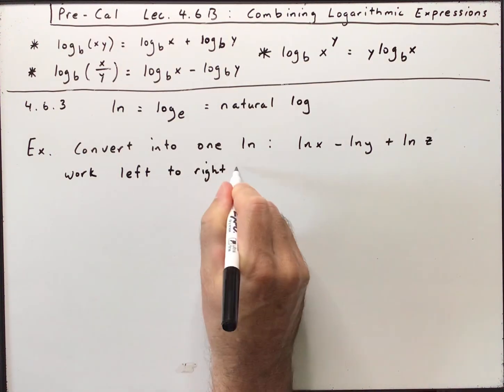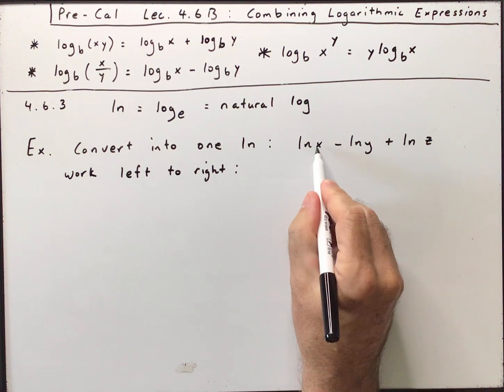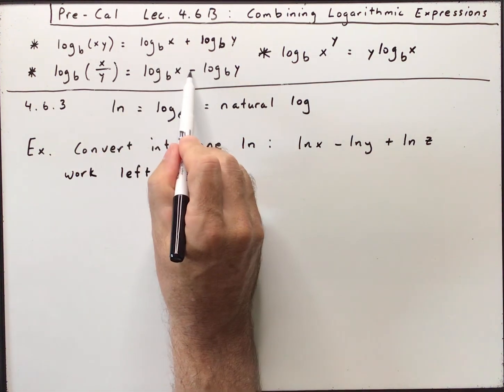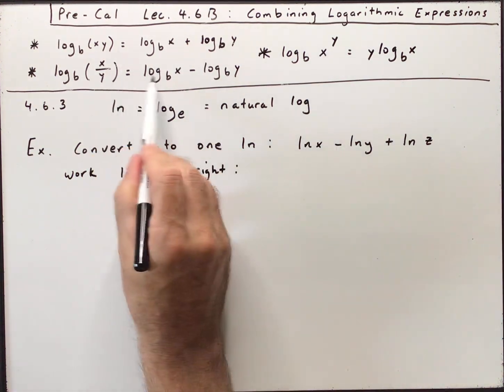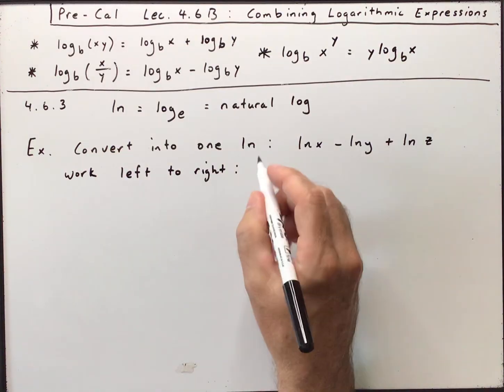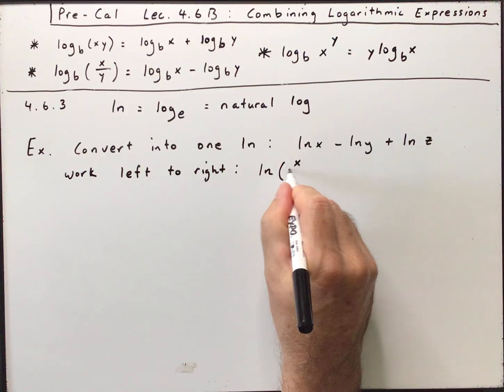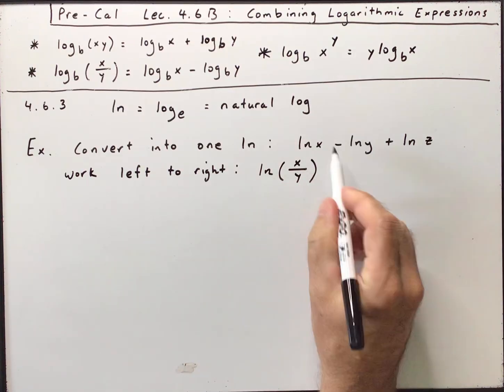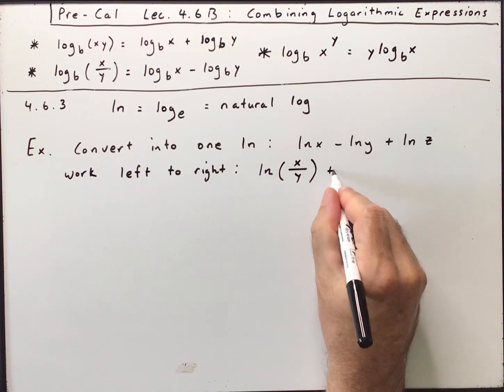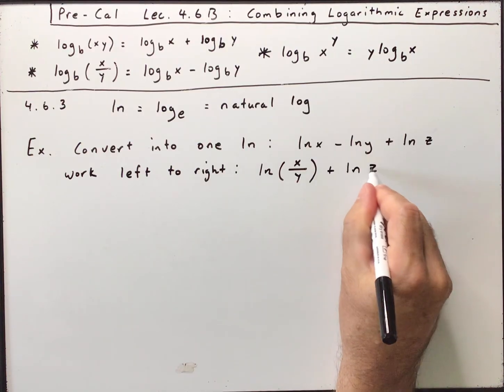Otherwise, you're going to make a mistake on the denominator. So this is a minus sign between the first two, so this is a quotient. Our first two is a quotient. So this is going to be the natural log of x over y, combine those two, plus I'm going to write natural log of z separately.